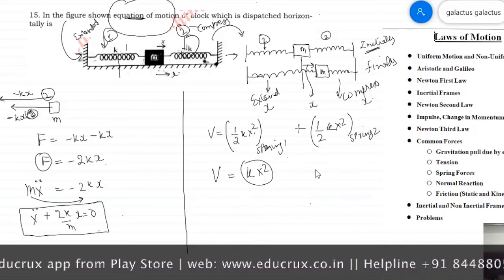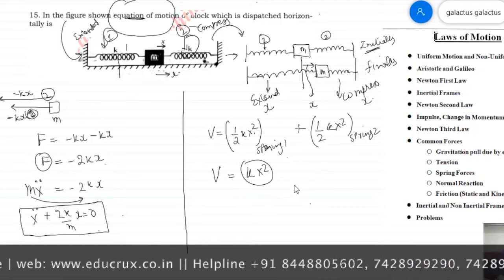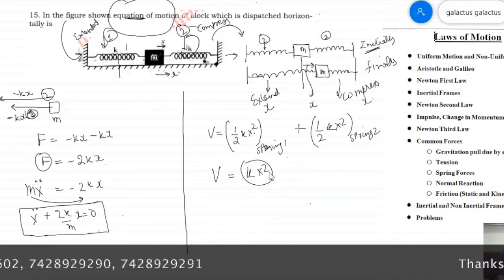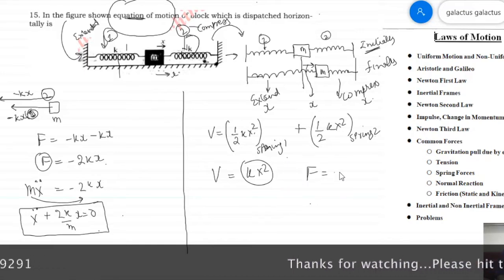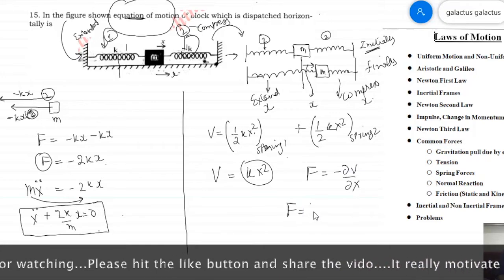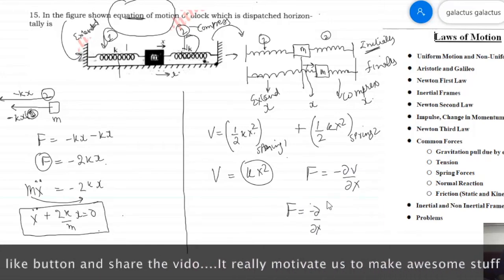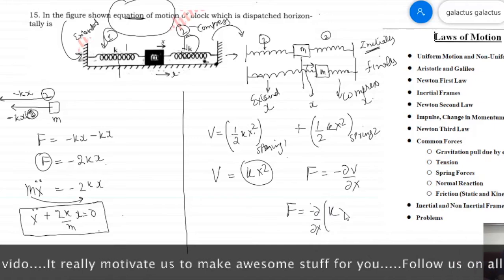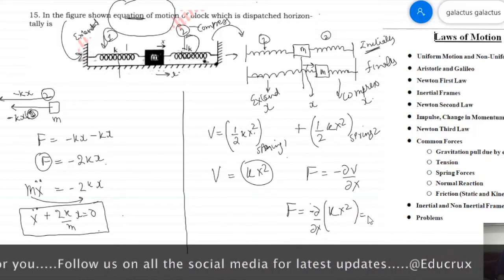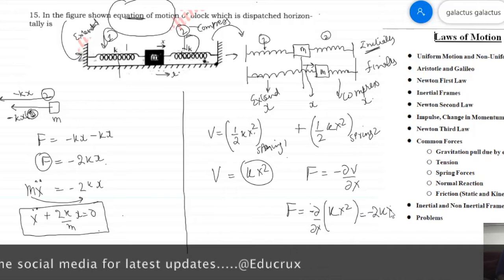For a conservative force, that is, one in which the work is path independent, I can write force is equal to minus dV by dx. If I substitute the potential kx square here, I get F equal to minus 2kx.